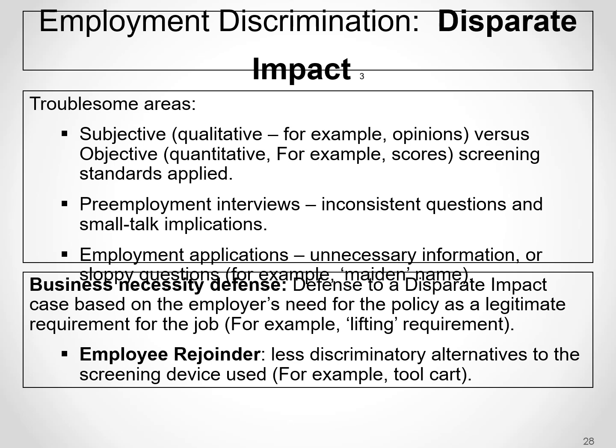Versus subjective, which is qualitative criteria, factors based on an evaluator's personal thoughts, ideas, or opinions. Initially it was suspected that subjective criteria couldn't be the basis for a disparate impact claim, since the Supreme Court cases had involved only objective factors like height, weight, education requirements, test scores, stuff like that.